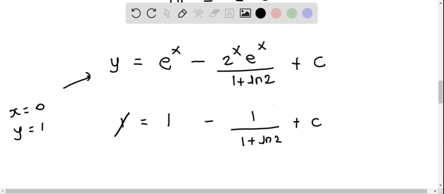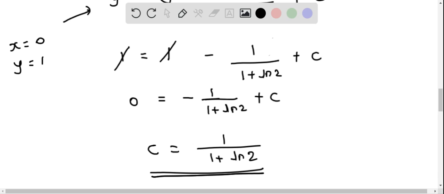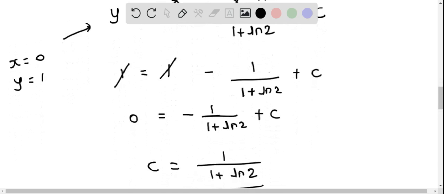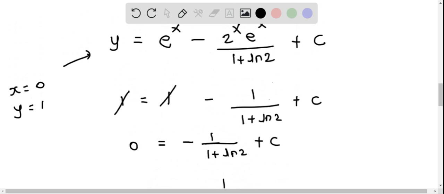Then I can subtract 1, which means I will be getting 0 equals negative 1 over 1 plus ln 2, plus c. When we solve for c, we get c equals 1 over 1 plus natural logarithm of 2.